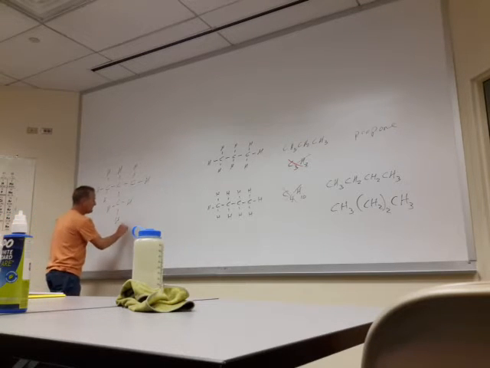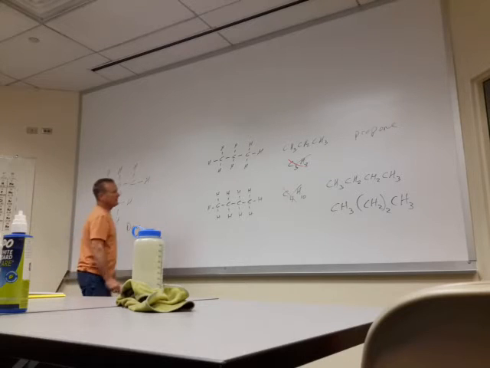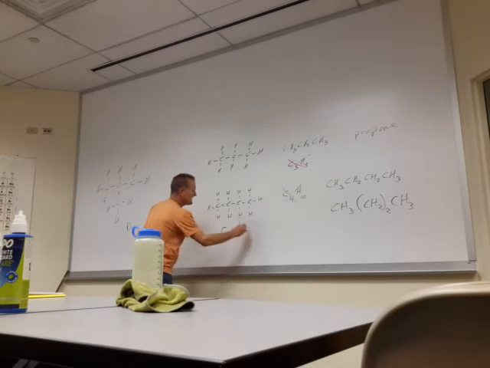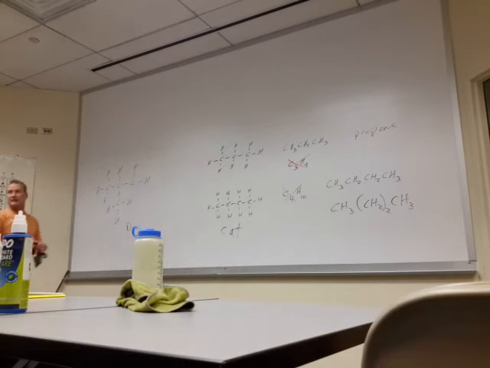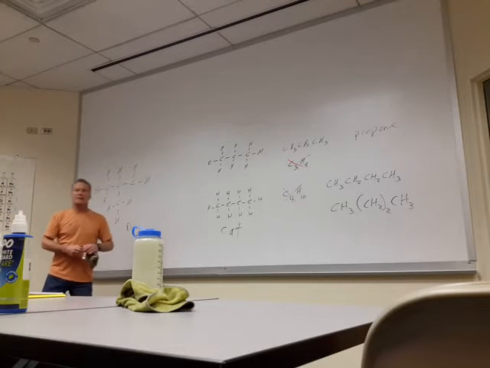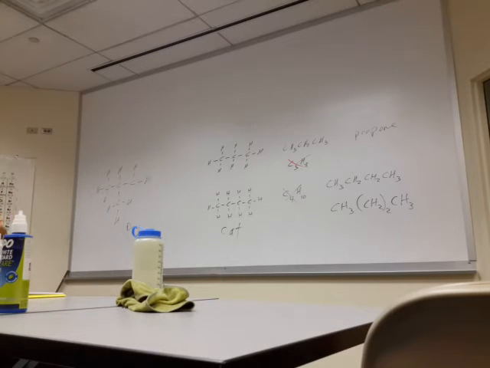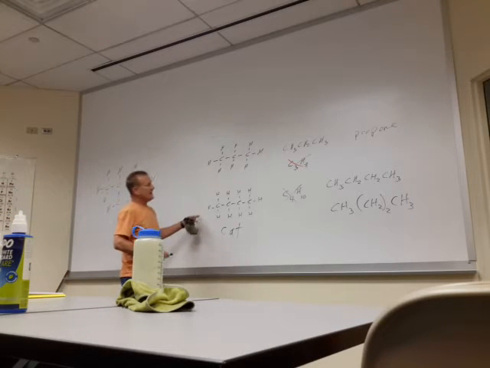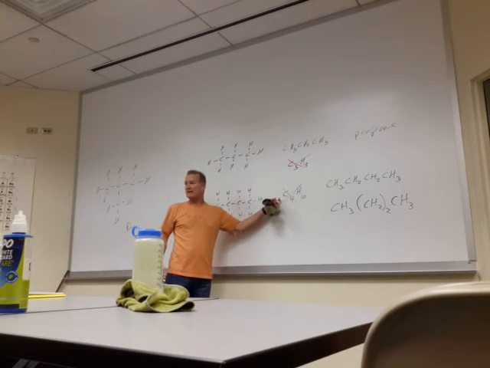But this one is a dog, and this one is a cat. They're that different. Extremely different molecules. So when we say C4H10, we don't know what we have. And the longer they get, you imagine a 10-carbon chain. How many ways could you assemble that?